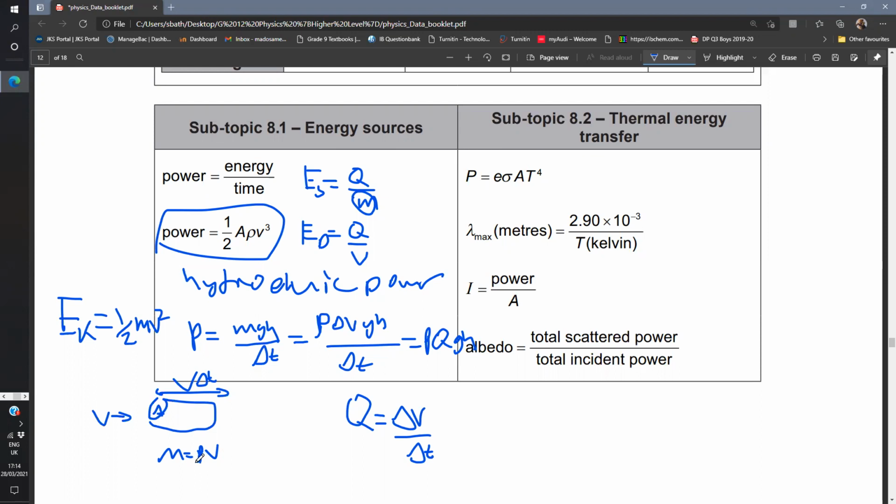If we multiply rho V by this and the area and this volume, we should get this, and we also multiply by half because of the area under the graph in terms of power.